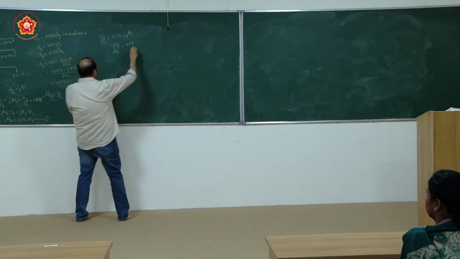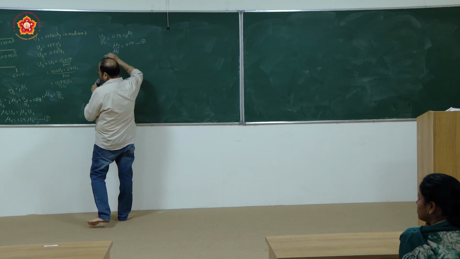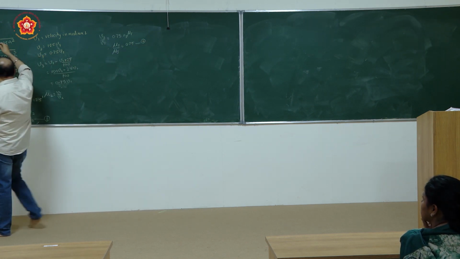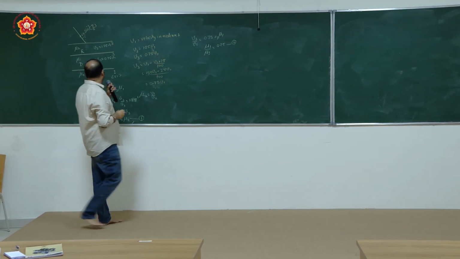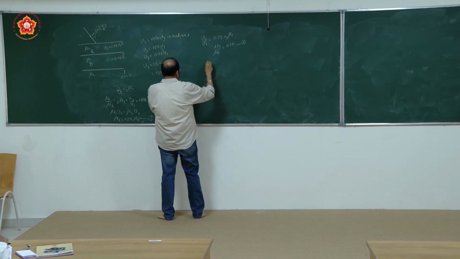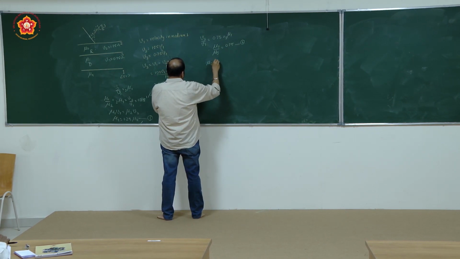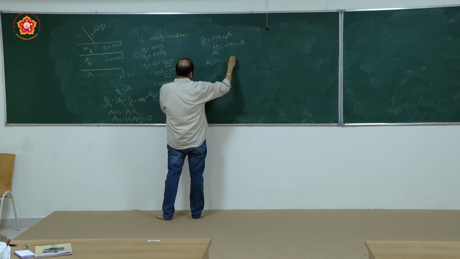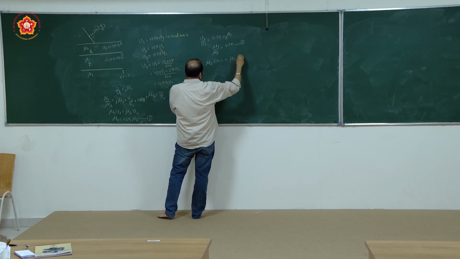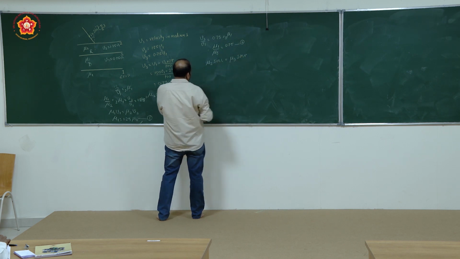So this is my first relation. This is my second relation. Now light is traveling from second medium to the third medium, right? In this, light is traveling second to the third. Able to get it? Second to third. So for second to third, what will we write? Refractive index of second medium multiplied by sine of angle of incidence is equal to refractive index of third multiplied by sine of angle of refraction.